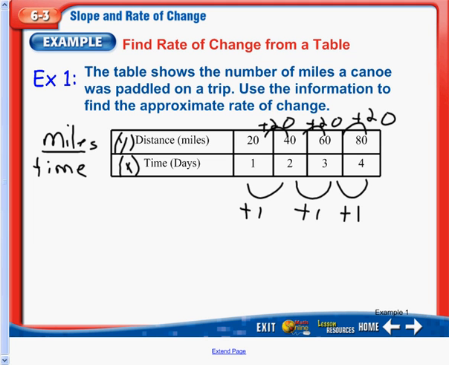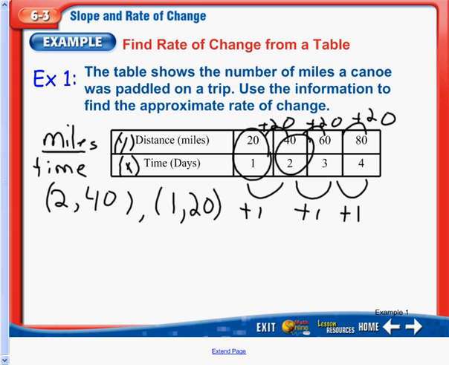So how we would do this mathematically is we're going to compare one set of coordinates. We'll start with the coordinates 2, 40, because as I said, time is our x value, and 1, 20. So we're going to compare 2, 40, here's our points, and 1, 20.